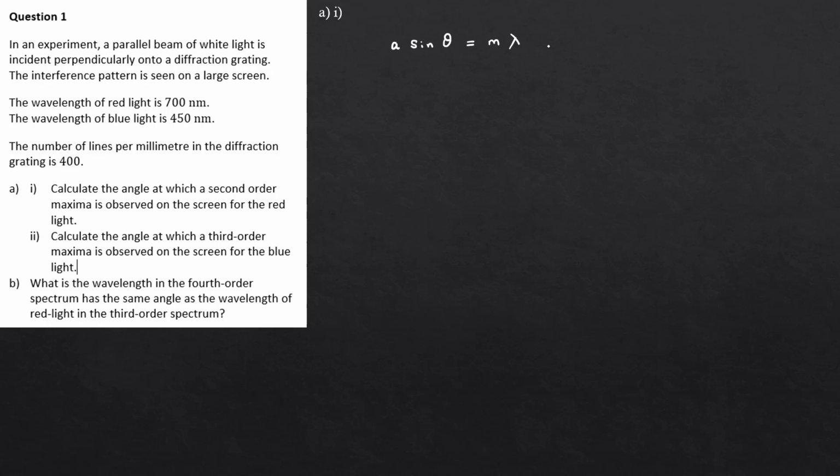In fact, a diffraction grating is nothing but a Young double slit experiment, but just having more slits. We have 400 slits per millimeter. This is what the number of lines per millimeter in the diffraction grating in fact means.